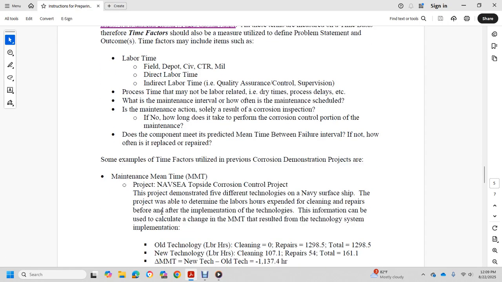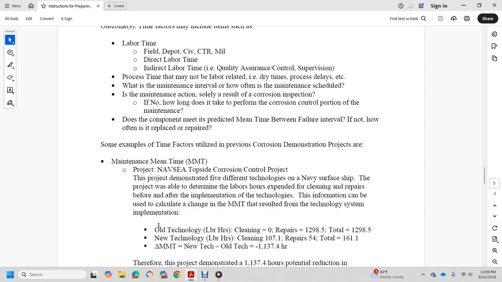Examples of the time factors utilized in previous corrosion demonstration projects for maintenance mean time: Project Navy Sea, the topside corrosion control project, demonstrated five different technologies for Navy surface ships. The project was able to determine the labor hours for cleaning and repairs before and after implementation of the technology. This information could be used with the calculator for maintenance mean time.